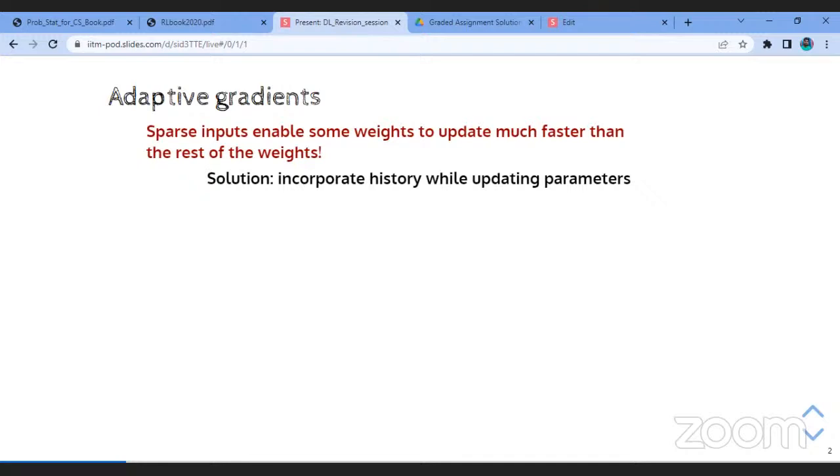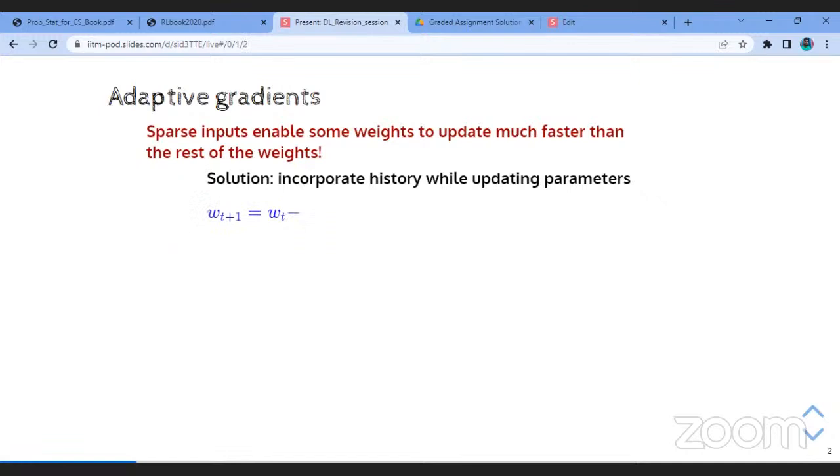If it is 0 for many samples, then the weight never gets updated. That is what we mean by some parameters getting frequent updates and some not. It creates an imbalance, so we take into account the history.